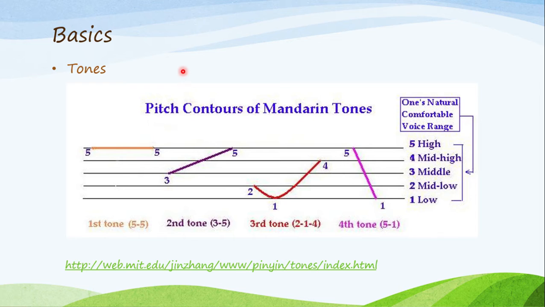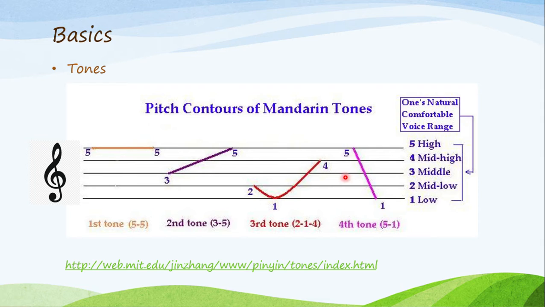Now the basics here are tones. There are 4 tones in Mandarin Chinese, and it's kind of like a music scale. So imagine that. Hopefully that will help you along the way.